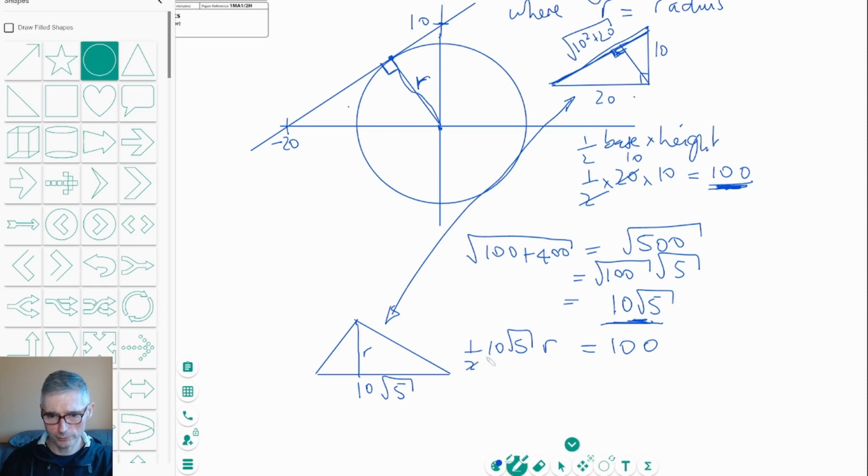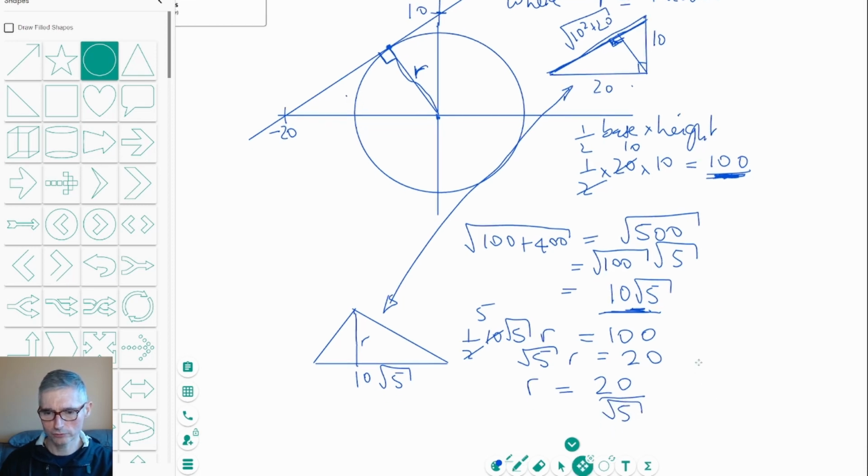If I simplify this a little, that becomes 5, so I'm going to divide both sides by 5. I'm going to end up with root 5 r equals 100 divided by 5, which is 20. Divide now by root 5, and I get r is 20 over root 5.